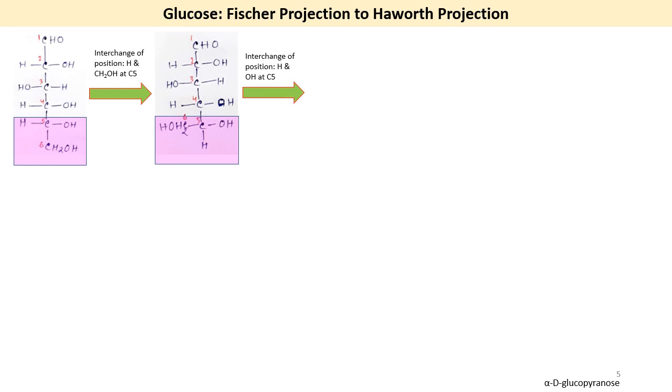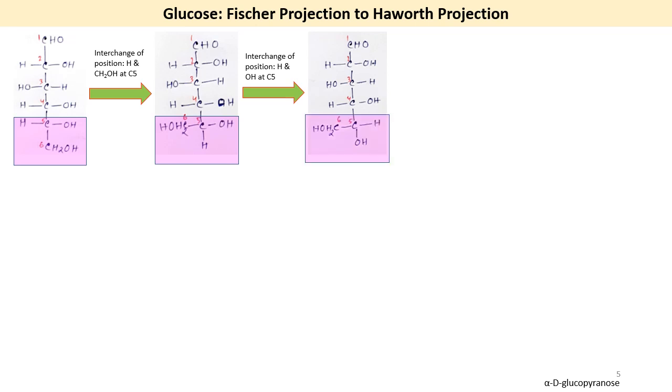Now, as the second step, if you interchange the position of hydrogen and OH at C5, so you are now keeping the CH2OH fixed but interchanging the hydrogen and OH at C5. What you will get is this structure.